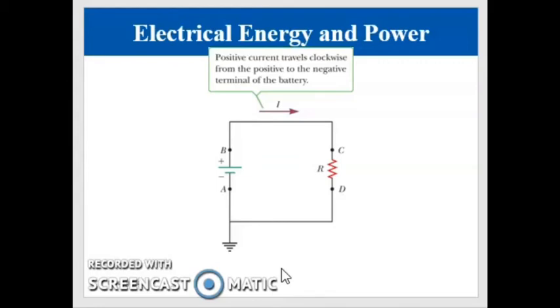As the charge delta Q moves from A to B through the battery, the electrical potential energy of the system increases by the amount of delta Q times delta V of the battery, and the chemical potential energy in the battery decreases by the same amount. As the charge moves from C to D through the resistor, it loses this electrical potential energy during collisions with atoms in the resistor.